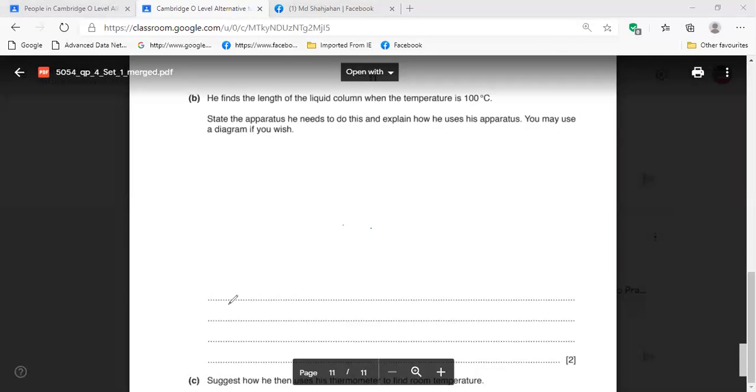So boiling water, where will he get the boiling water? Any container, right? He is boiling the water and keeping it somewhere. It can be a beaker, a steel container, any kind of container in which you can keep the hot water, and it is better if it is non-metal.